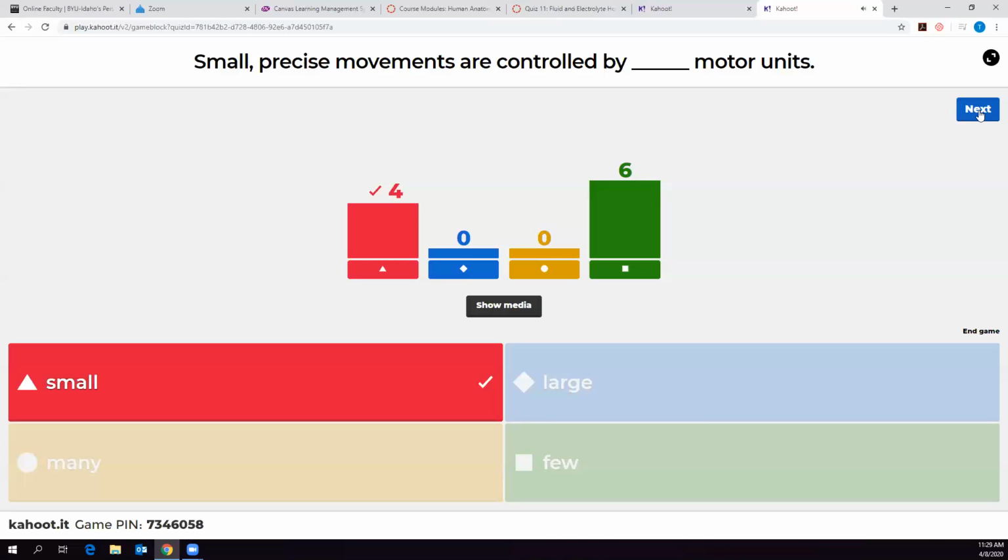A few big ones are not going to let you move precisely. You have to have small motor units. So really, motor units only come in two flavors, small and large. Small is for delicate movements, large is for lots of force movements. So you could have few small ones, you could have many small ones. You could have few large, many large. That's not going to control your ability to move delicately or forcefully.